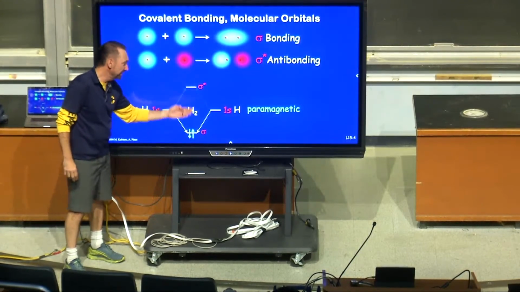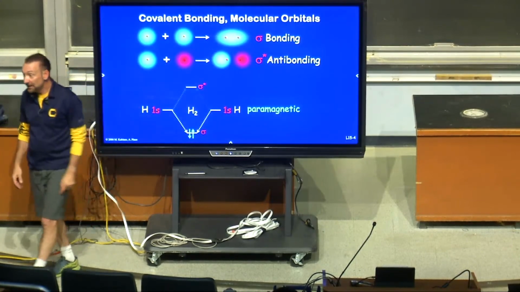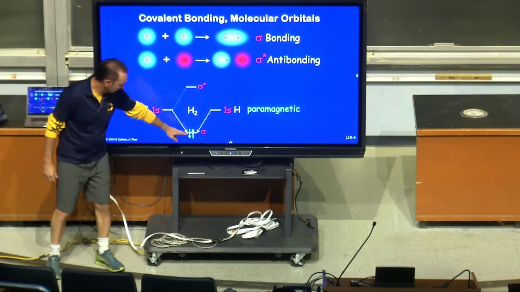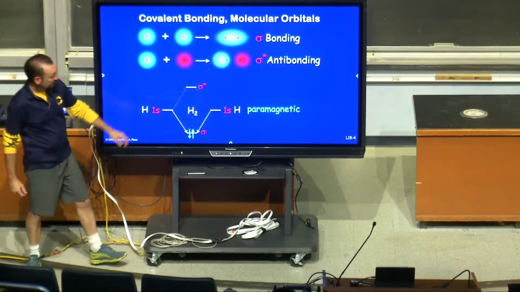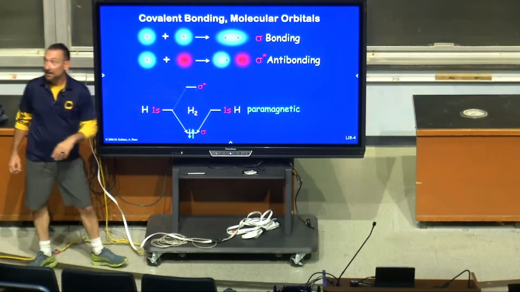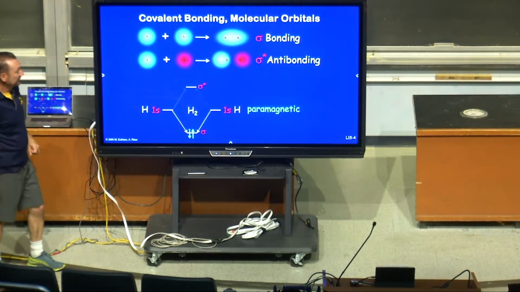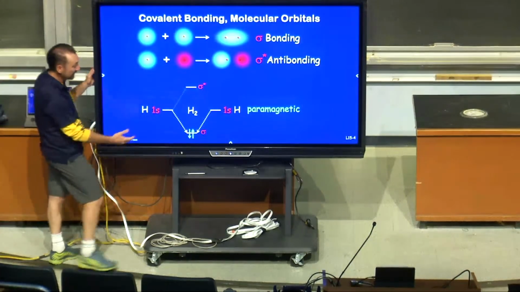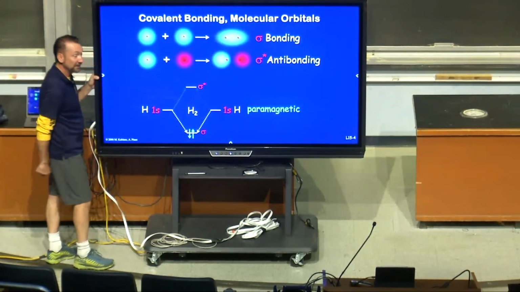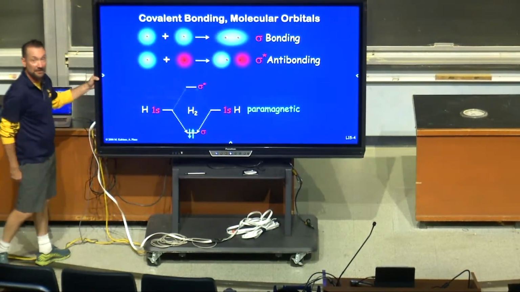We had to form these two, but I can have my two electrons down in this orbital. They could be promoted to this. You could do an absorption and absorb a photon and promote them, but this forms a bond because that electronic configuration would be stable, lower energy than the two 1s's separately.